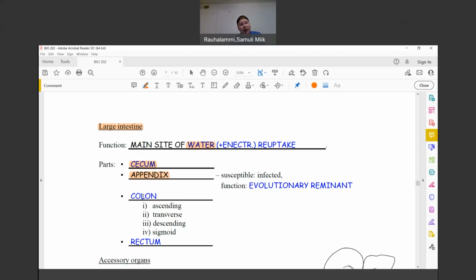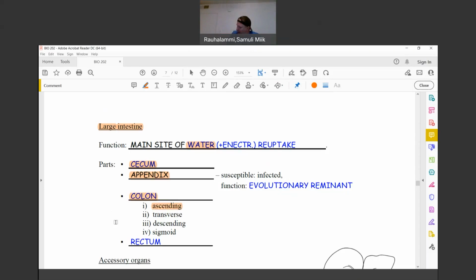The next part of the large intestine, really the biggest and most important part in terms of the size of these anatomical structures, is our colon. And we separated the colon into different parts. Traveling on the right side from the inferior to the superior portion, climbing up, is our ascending colon.